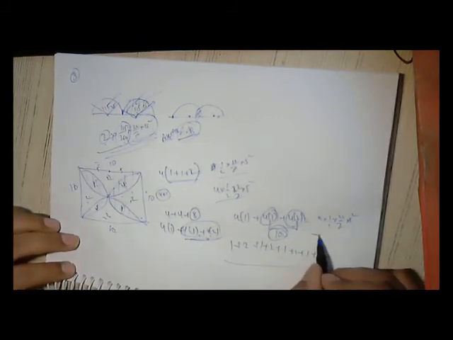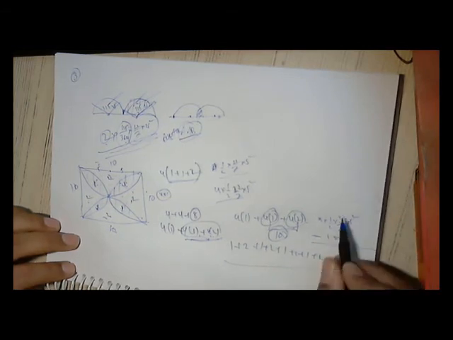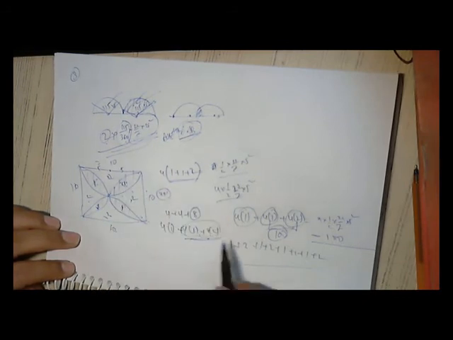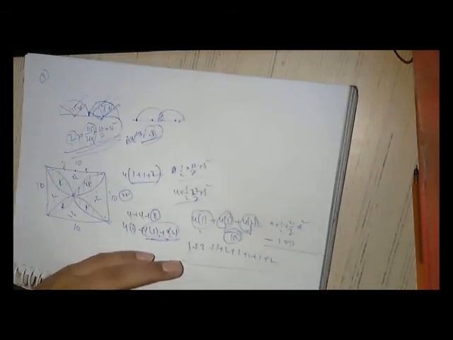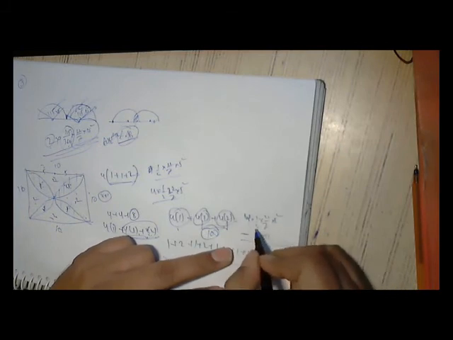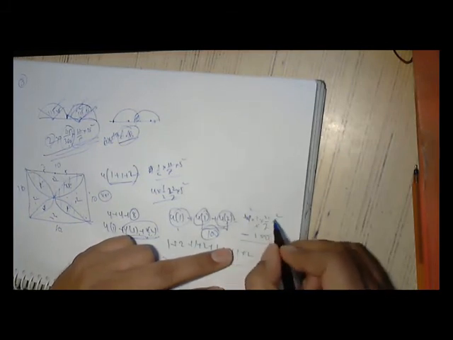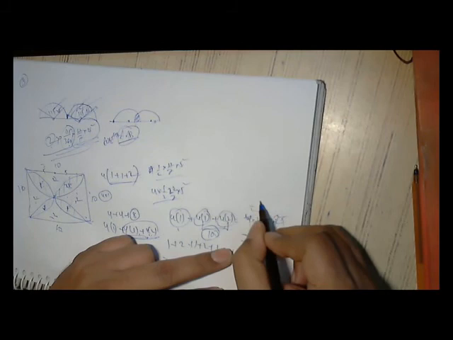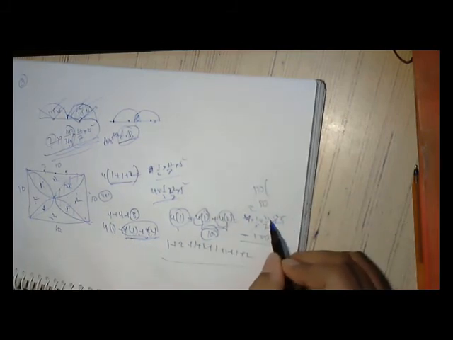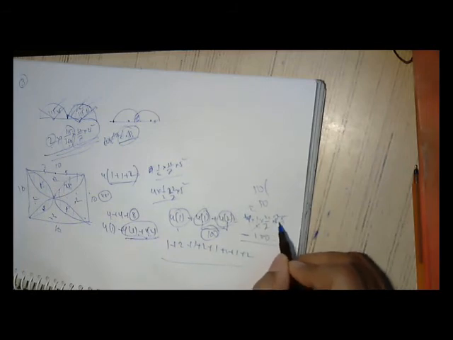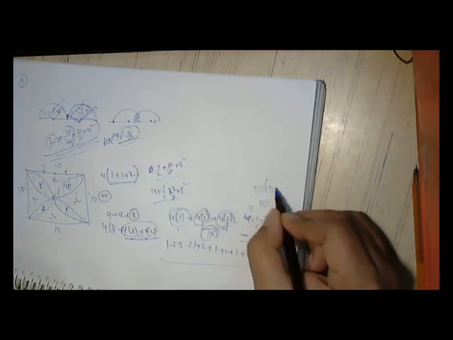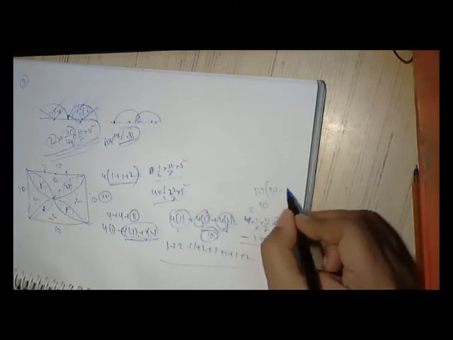So I have to subtract this from 100. This 4 into 1 is the shaded zone. How am I getting it? If I simplify this, 2 twos are, 25 twos are 50. So if I take 50 out, what is left? 22 by 7, about 3.1, minus 2.